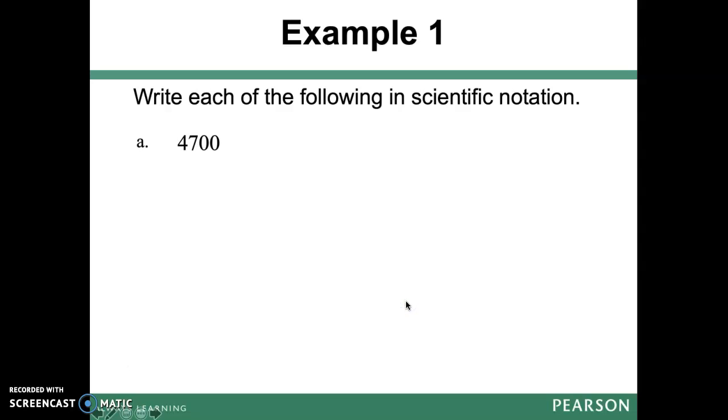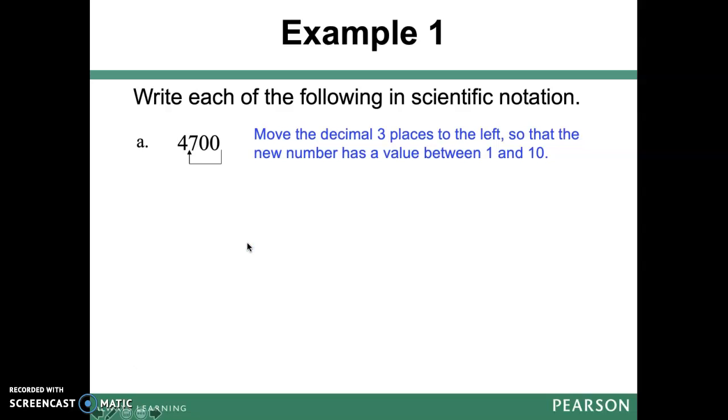Okay, so let's write each of the following numbers in scientific notation. First thing I do is look at the size of the number, and this is a fairly large number. So I know the exponent on my power of 10 should be positive. I take the decimal point that's right here, and I move it so that my factor of A is between 1 and 10.